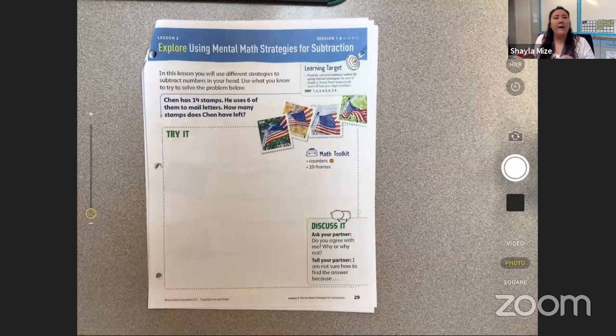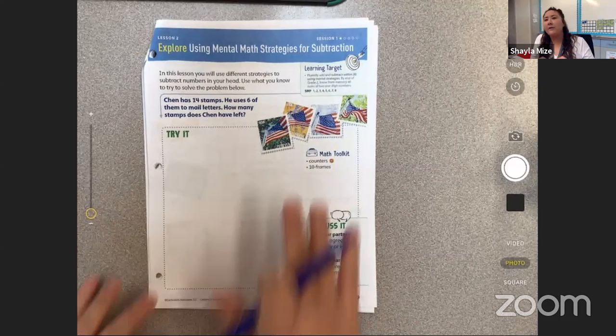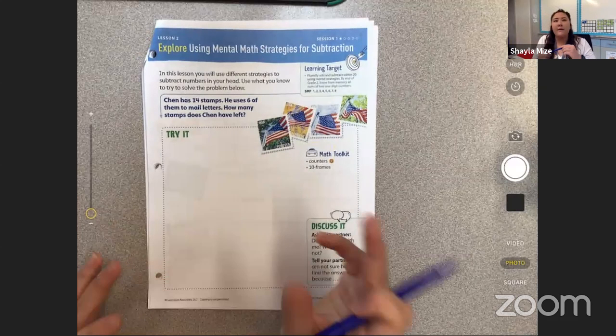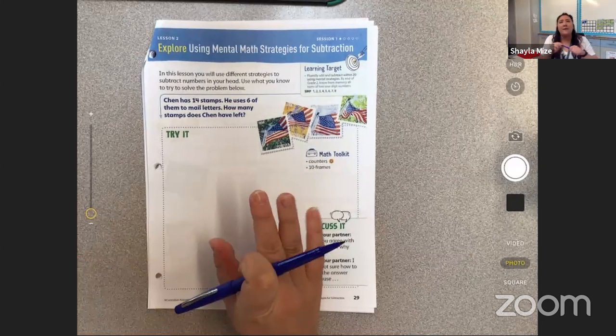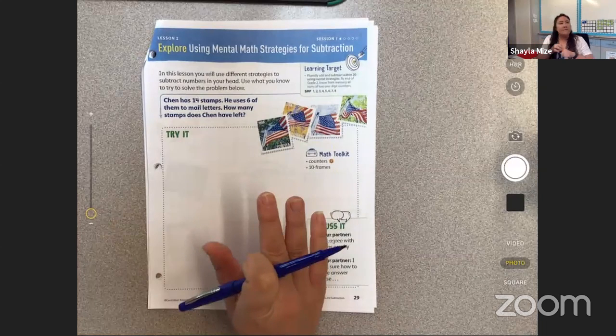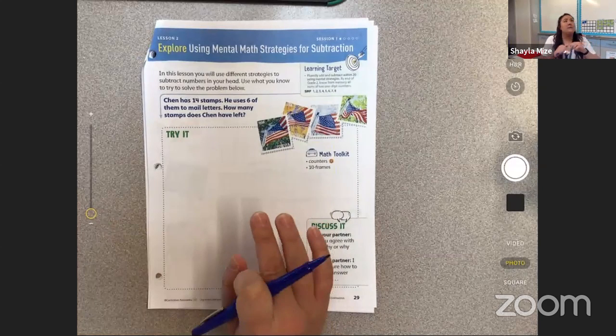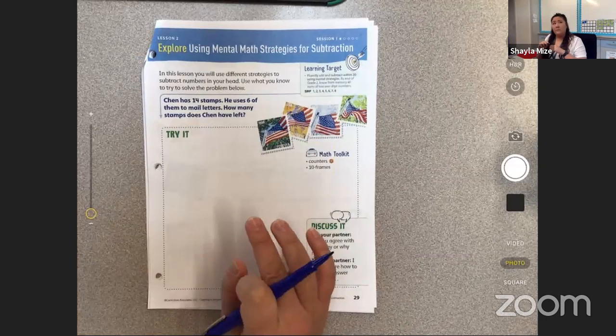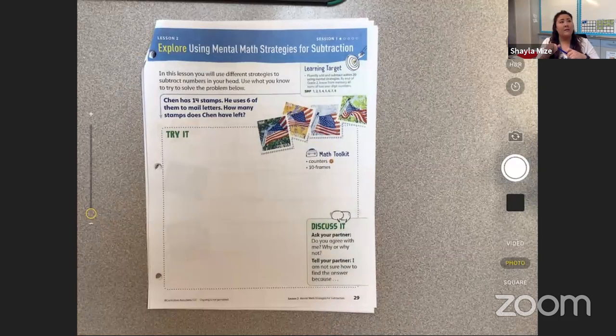I see Orion's writing, Kendall's working on her problem, Shreya's working on her problem, Addison's working on her problem, Alan's working on his problem. Shazabe, I should see writing.